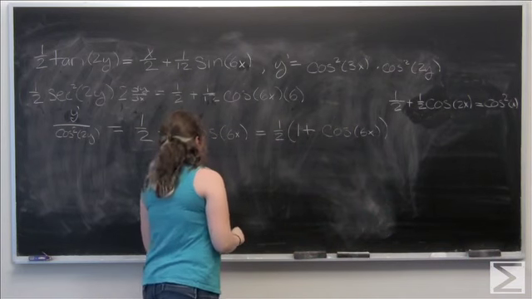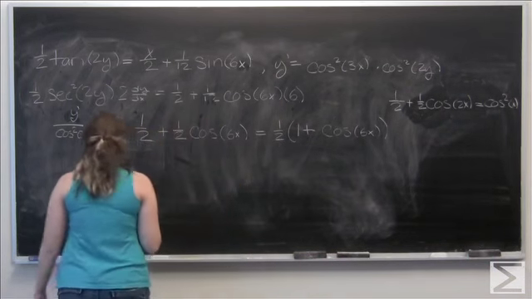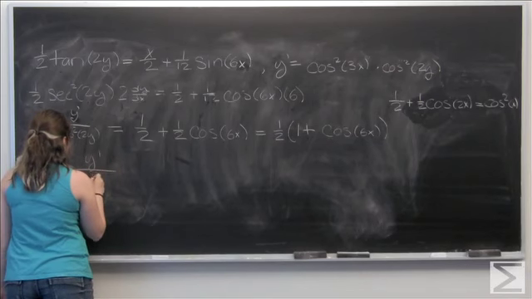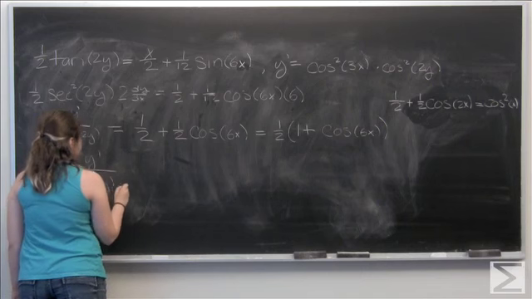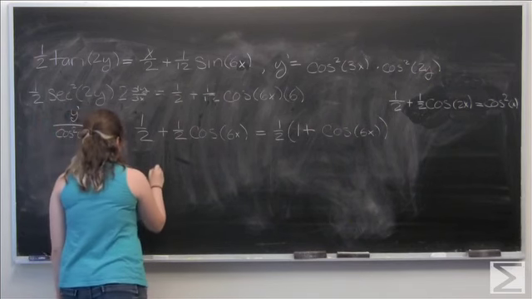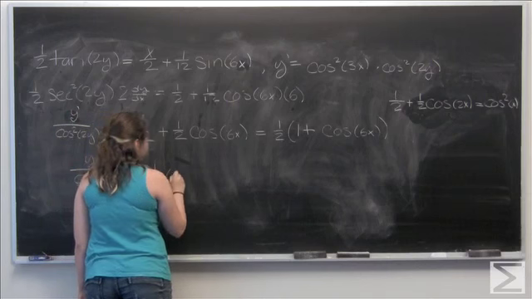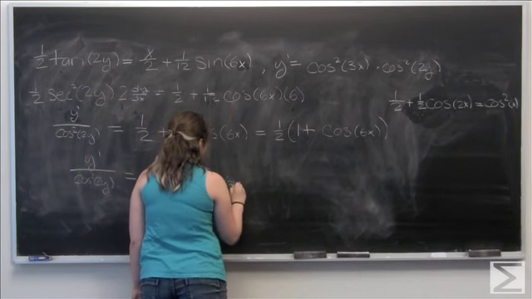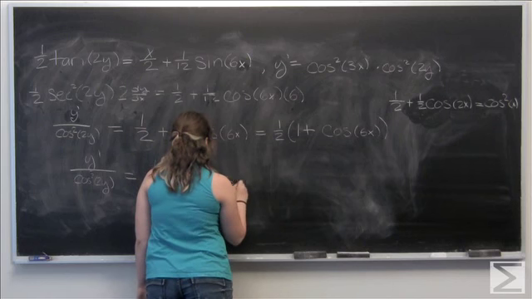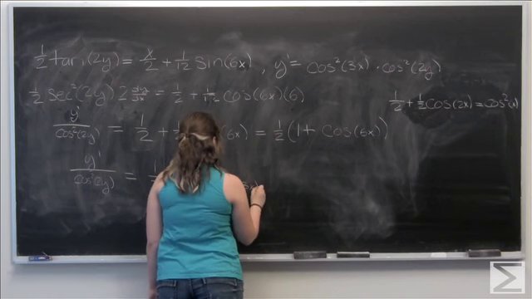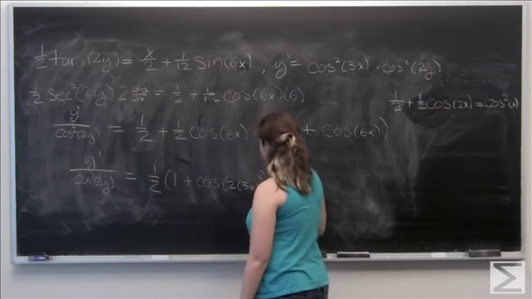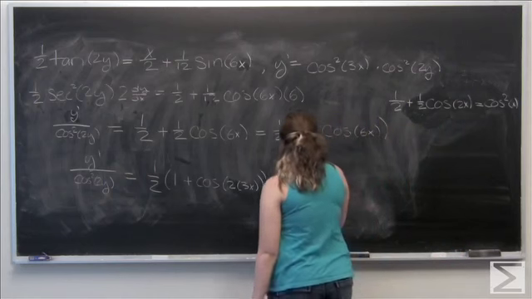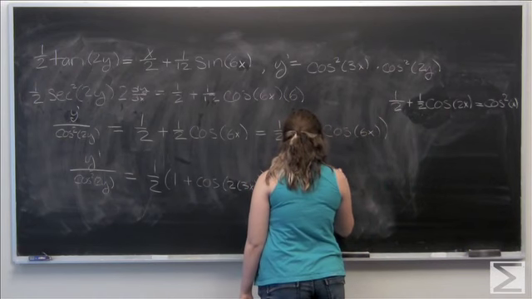So I'm going to rewrite this here. The y' over cos²(2y) is actually equal to, well, first, 1/2 times (1 + cos(2 times 3x)). So that matches our form. So we have cos²(3x).